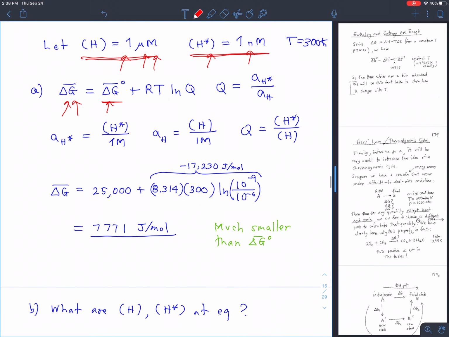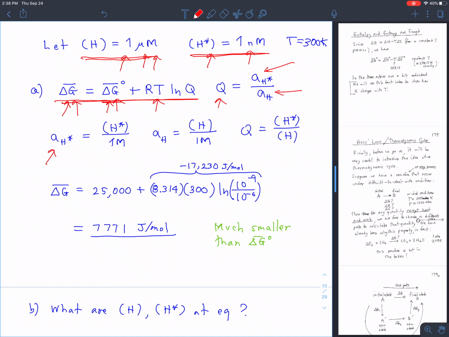If we now plug numbers in, first of all, we want to use our formula, delta G equals delta G0 plus RT log of Q. In this case, Q is equal to the activity for closed hexokinase over the activity for open hexokinase.